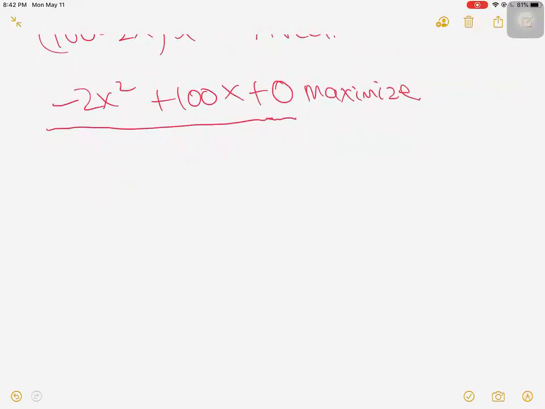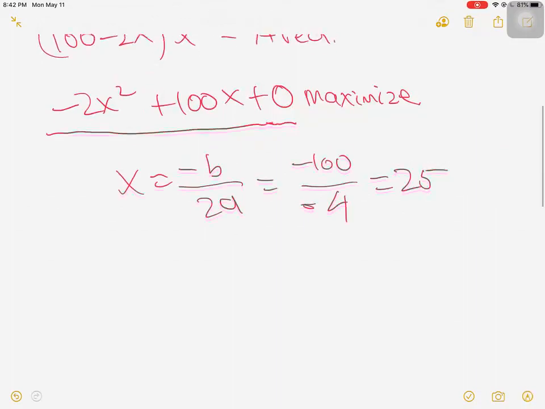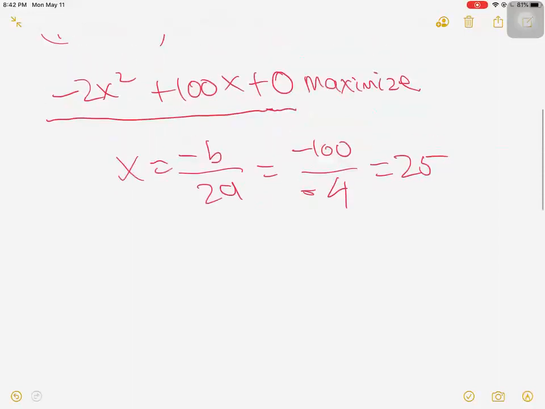So the maximum is always at x is equal to negative b over 2a, which is equal to negative 100 over negative 4, which is just 25. Right? So now we just find the area when x is equal to 25.